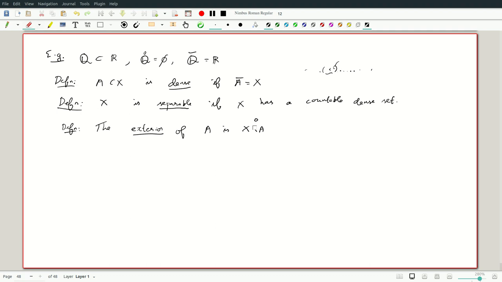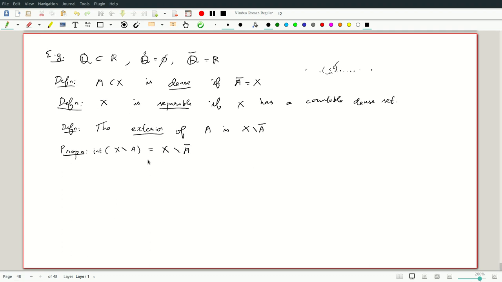But I could write it in another way. I could write it as X minus A bar. So we have implicitly used the following proposition: the interior of X minus A is actually X minus A bar.